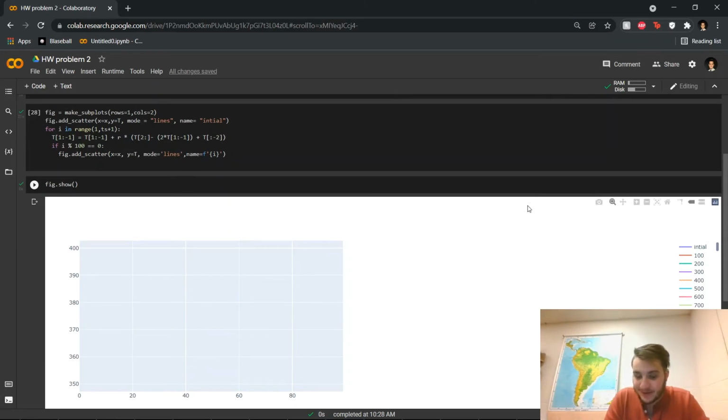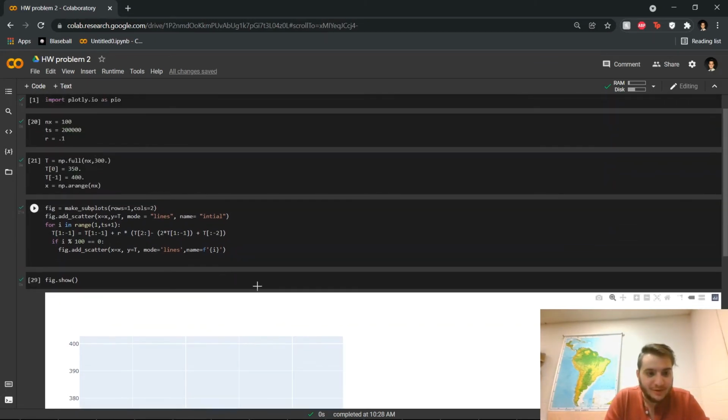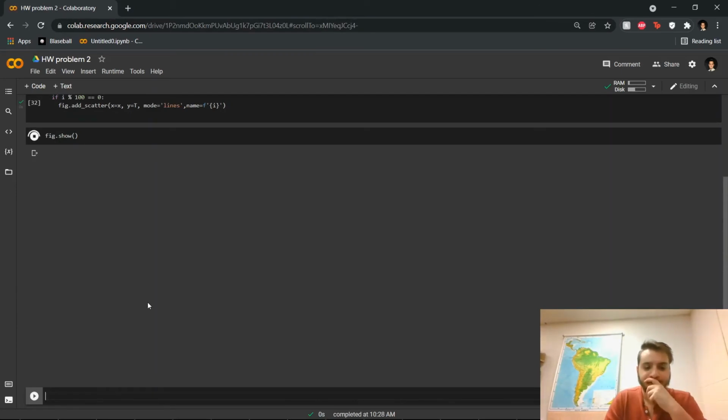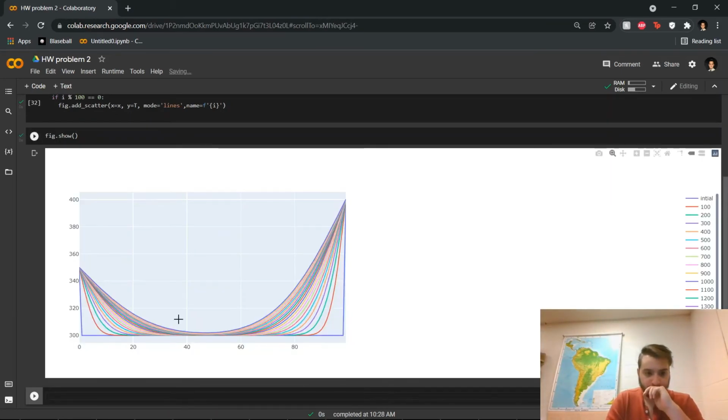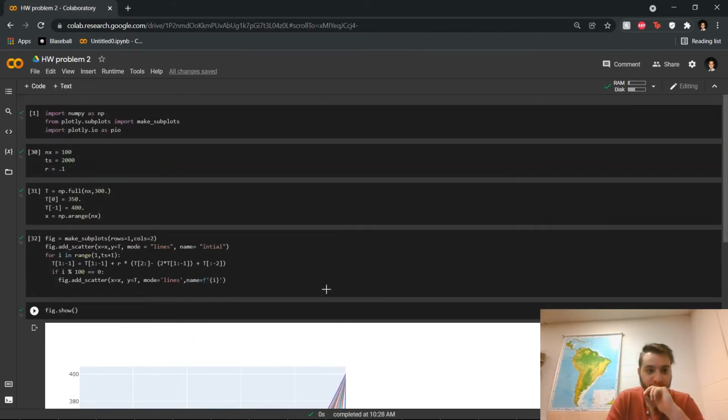You see, it's trying to do something, but it's really not going at it. Let's try to make that smaller. There we go. Alright, we can see it's starting to make some sort of a graph.